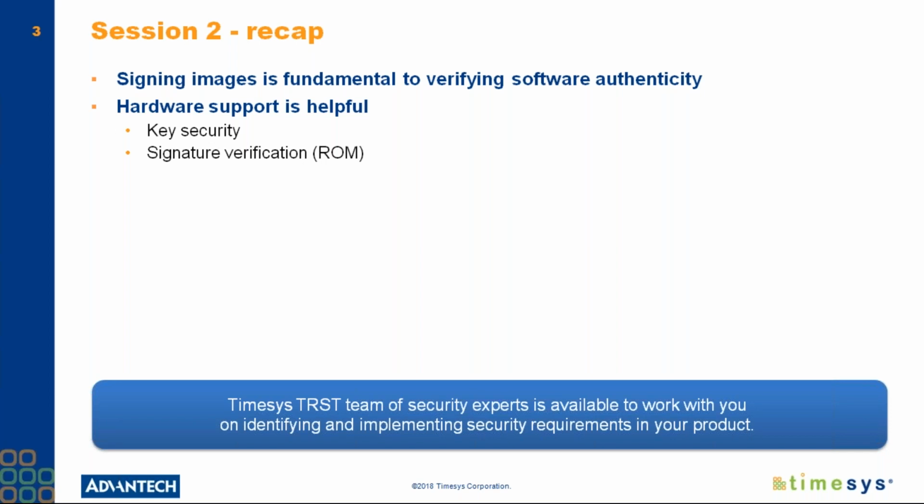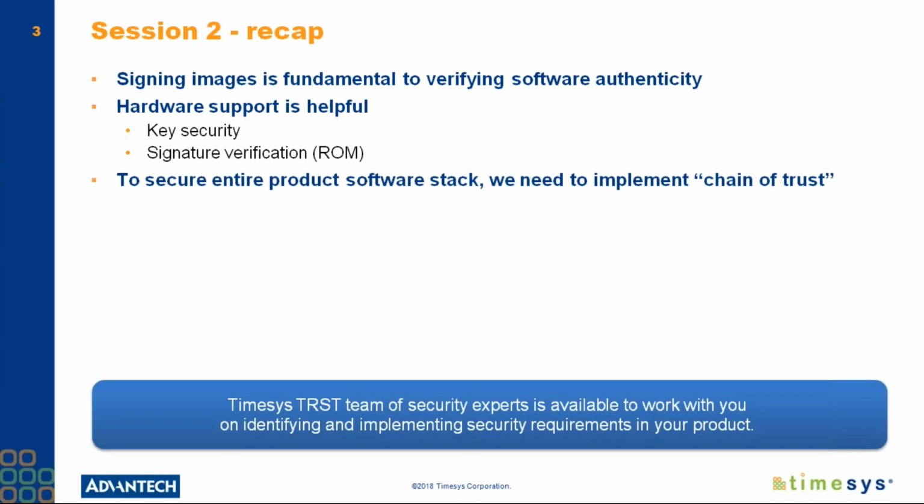We discussed specifically the use of one-time programmable fuses to store the keys that are used for verifying the signatures, and the use of ROM as a first software that can be used to verify the signatures themselves.